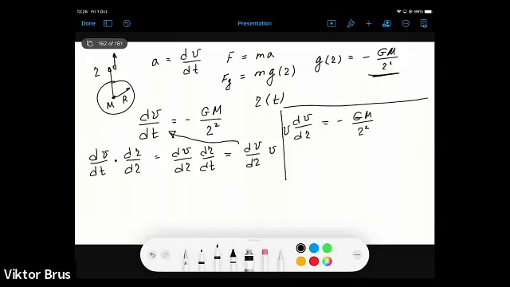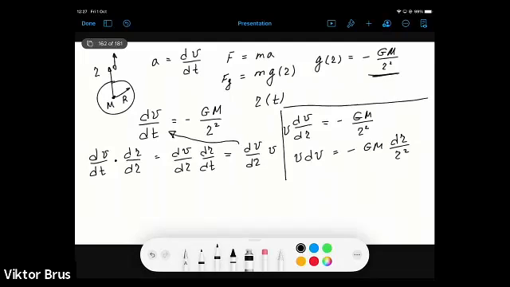So, okay, at this point, we are done. And now we can rearrange, separate the variables, and we will get the following. So it will be v times dv is equal to minus GM, these are constants, times dr divided by r squared.